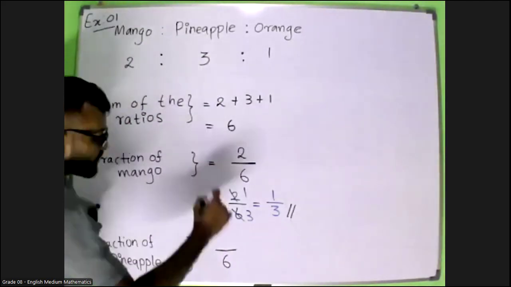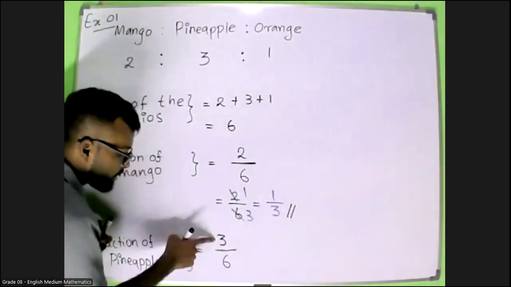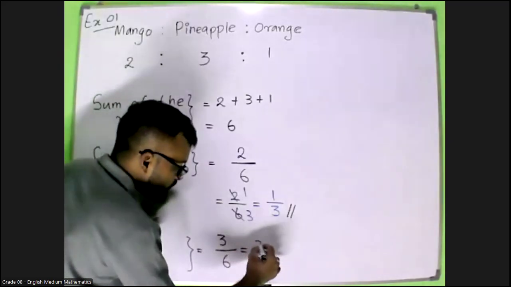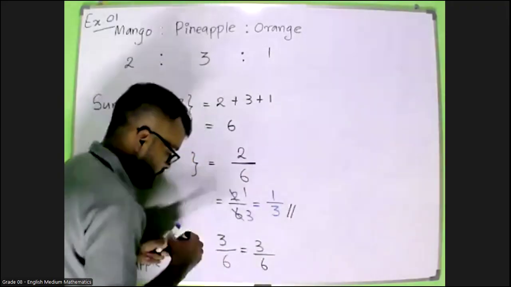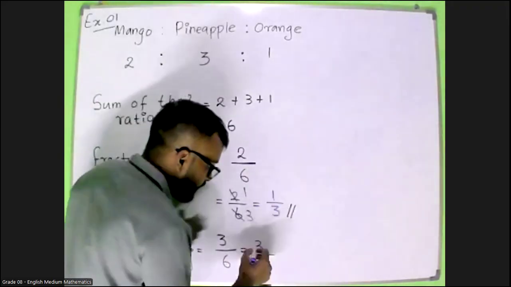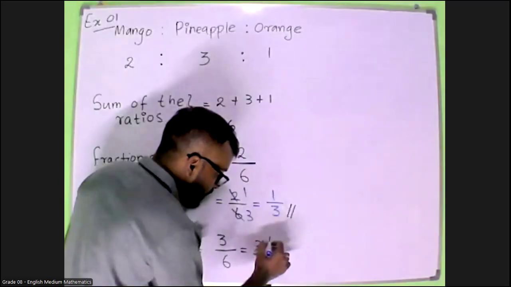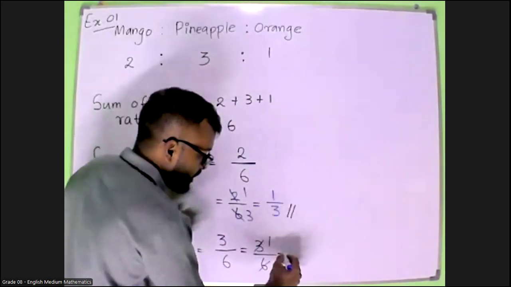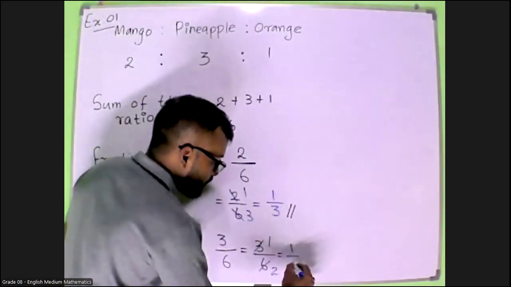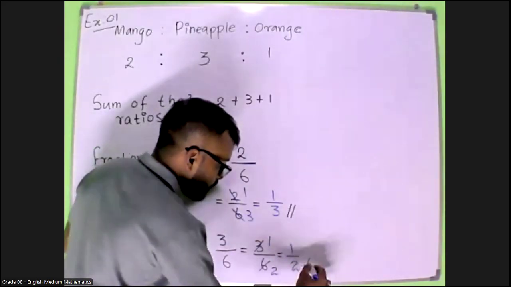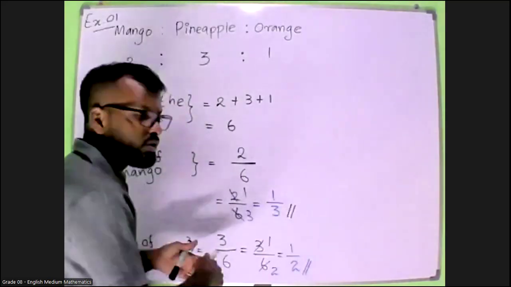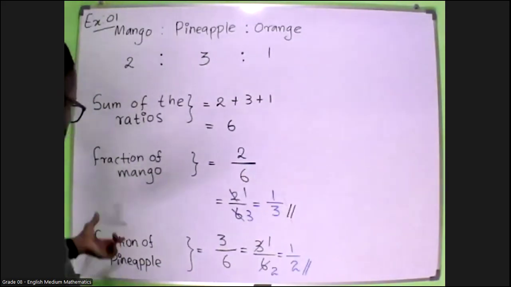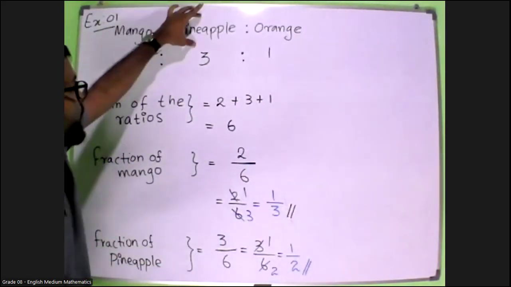From that pineapple, we have 3 parts of pineapple. So can we simplify this furthermore? 3 upon 6? Yes. By using 3, you can do 3 times 1, 3 times 2. So your final answer will be 1 upon 2. I am using different colors, so it doesn't matter. Right there, mango done, pineapple done.